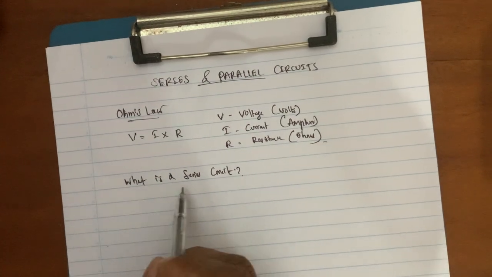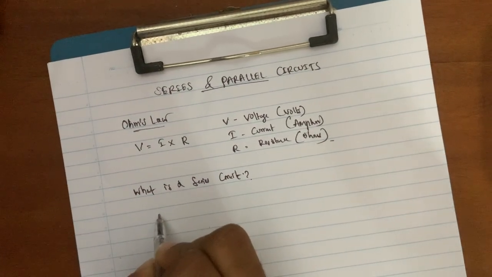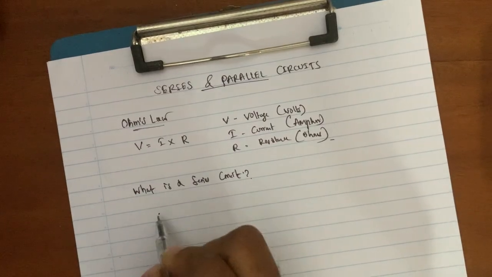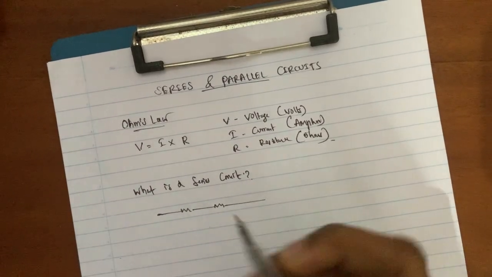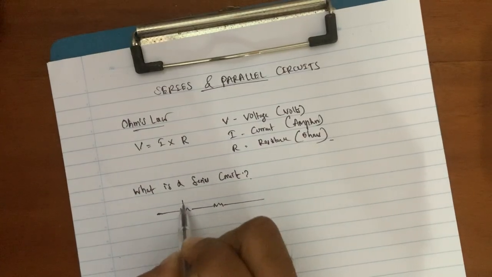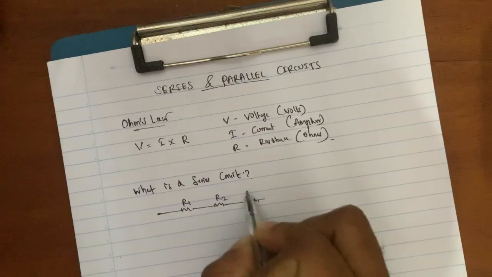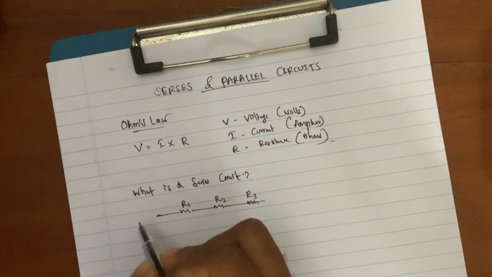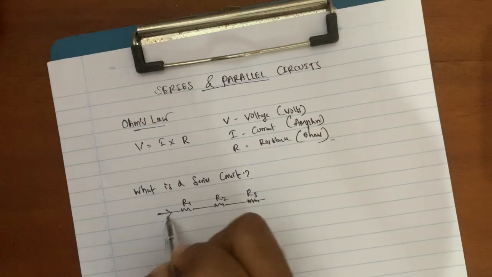Let's see what is a series circuit. In a series circuit, components are connected one after one in a single path. Let's see, this resistance is R1 and this one is R2. Let's take another one. And the current is the same through all the components.